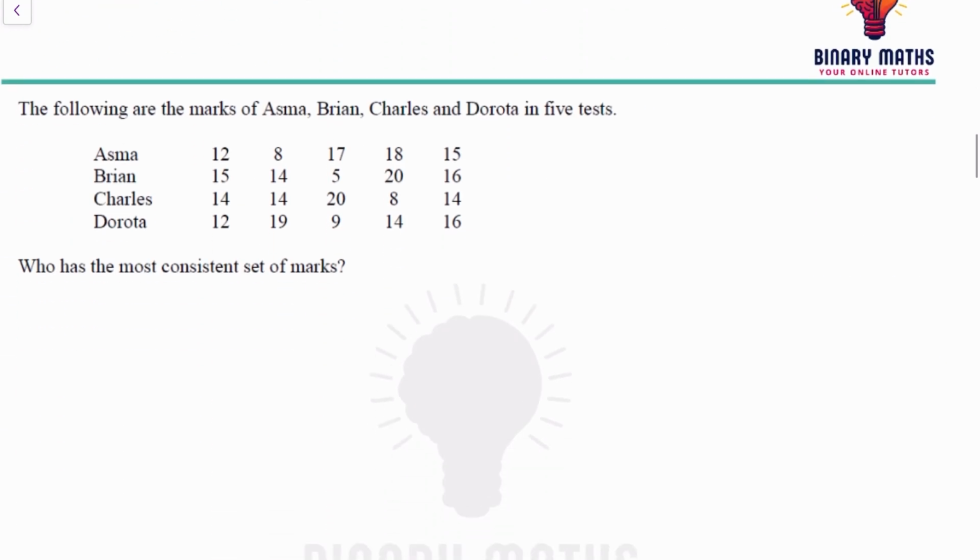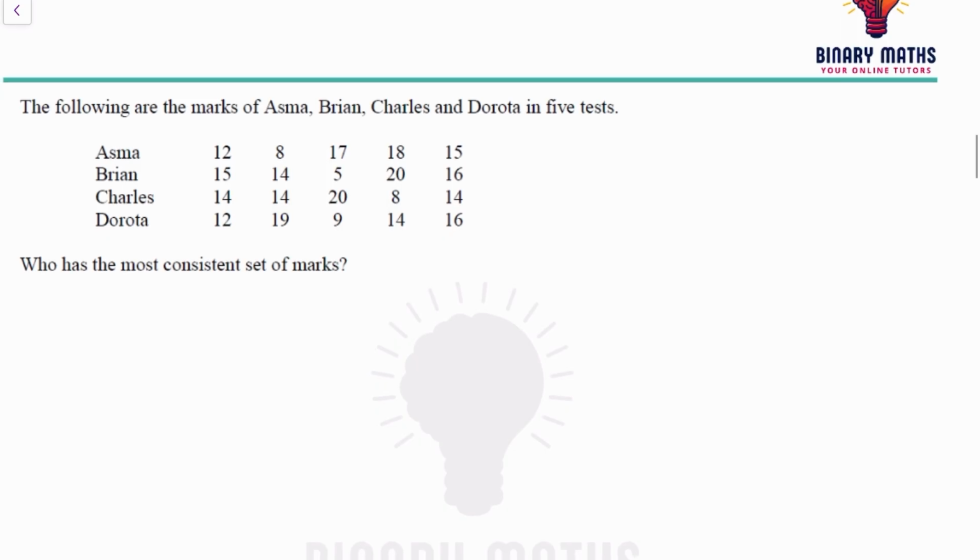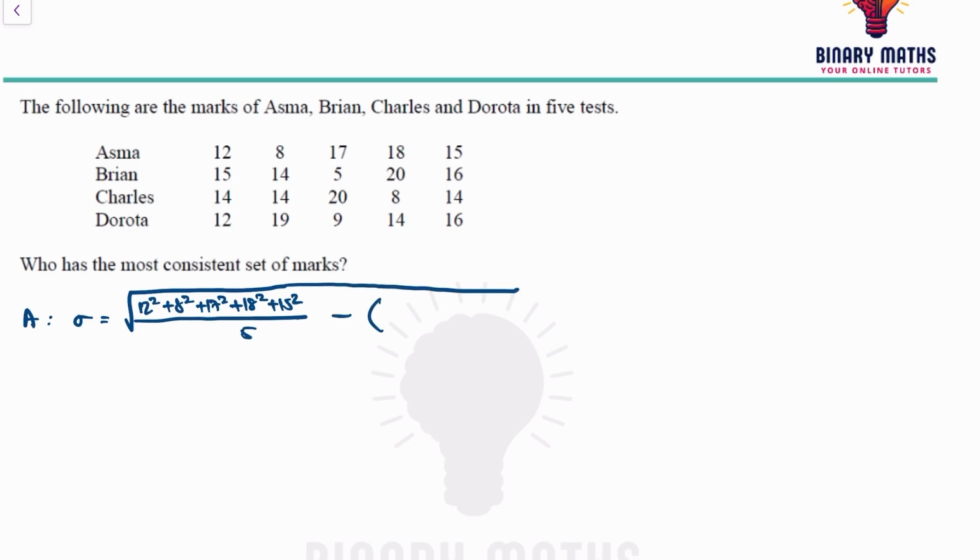Next question. The following are the marks of Asma, Brian, Charles, Dorota in 5 tests. Who has the most consistent set of marks? So Asma, let's do that one first. I'm going to work out the standard deviation. So sigma is equal to square root of sum of x squared, so it's going to be 12 squared plus 8 squared plus 17 squared plus 18 squared plus 15 squared all over 5, minus the mean squared.